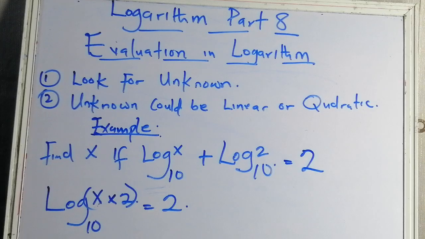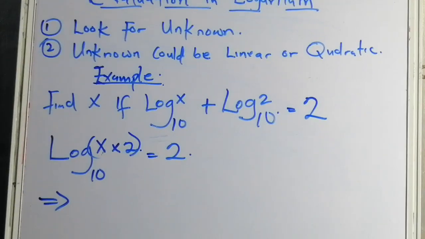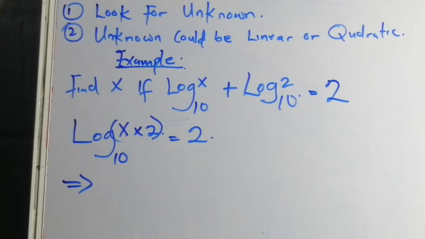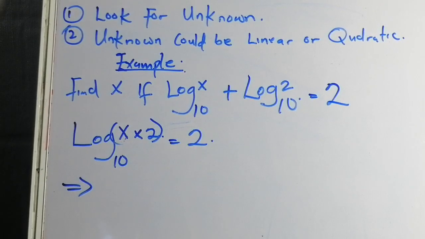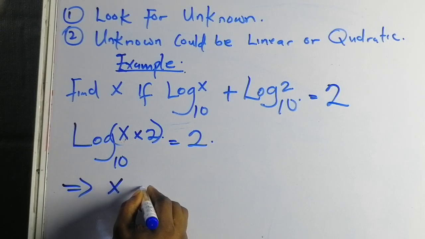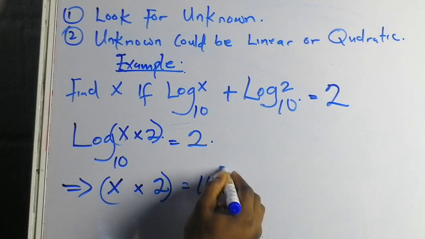So if I want to get value, that implies that I can have x times 2 equals 10 raised to power 2. That's simple.